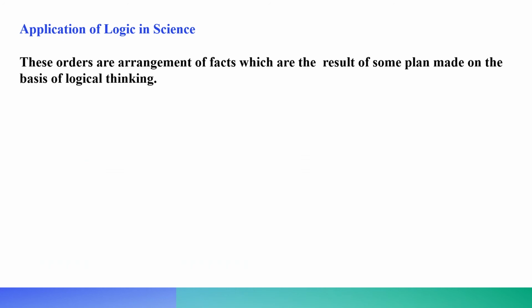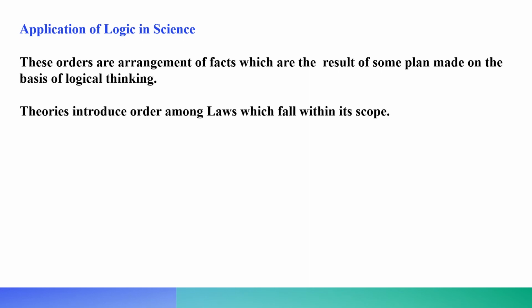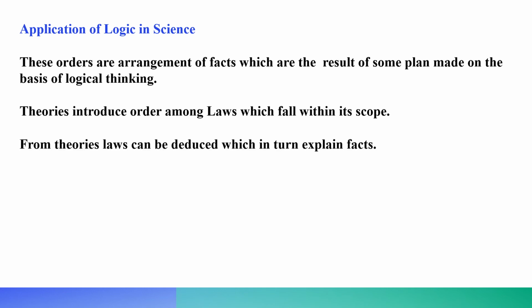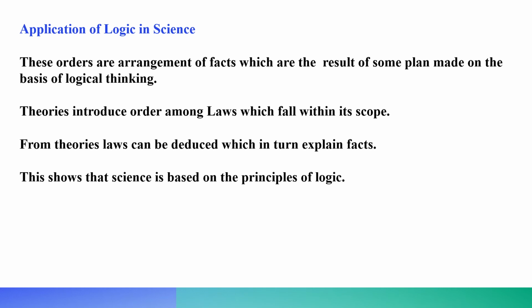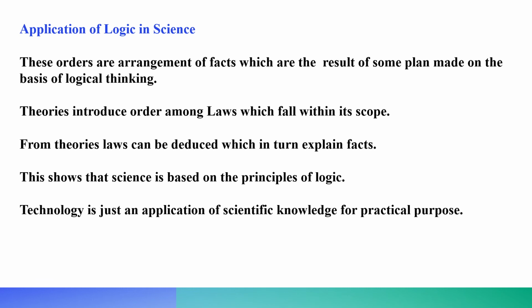These orders are arrangement of facts which are the result of some plan made on the basis of logical thinking. Theories introduce order among laws which fall within its scope. From theories, laws can be deduced, which in turn explain facts. This shows that science is based on the principle of logic.